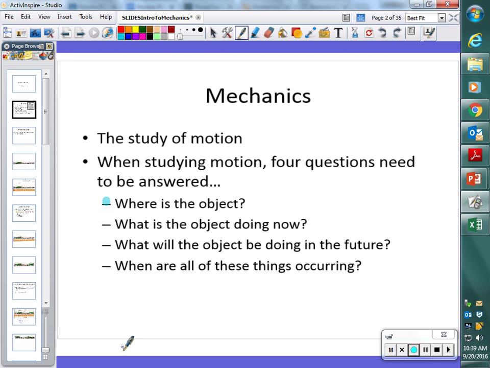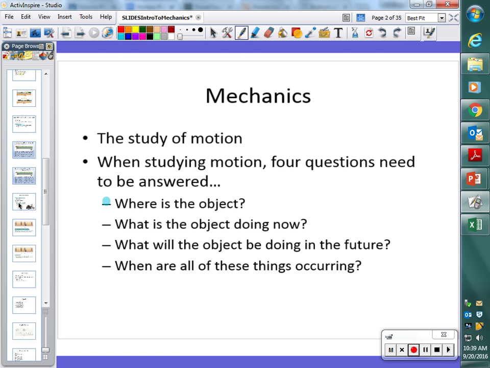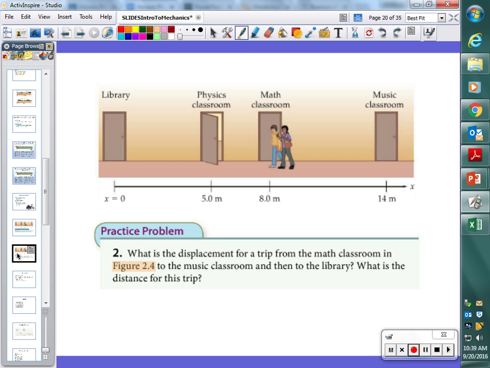So, we started with where, and we talked about distance and displacement yesterday. To reinforce those concepts, I would like you to look at the sheet that I gave you today, and there is a picture of these 2 students walking through this hallway, okay? And there are 2 separate problems.